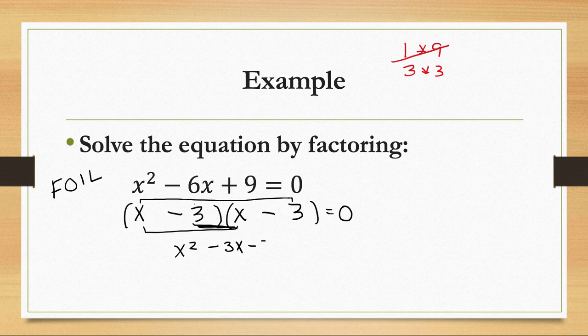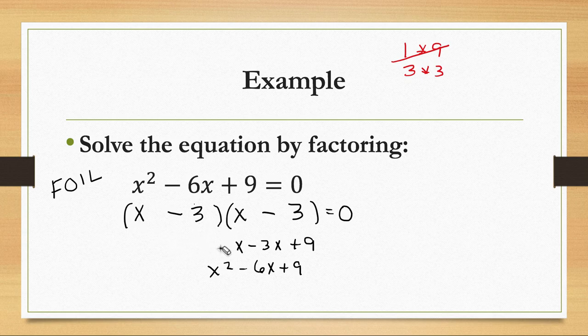So that'll give me another negative 3x. And the L stands for last, so that's going to be the negative 3 times the negative 3, which is going to be a positive 9. I combine my middle terms, and I can see that I'm right back where I started with x squared minus 6x plus 9. So again, the only reason that I'm doing that is just to check my factoring to make sure that I've got it factored correctly.